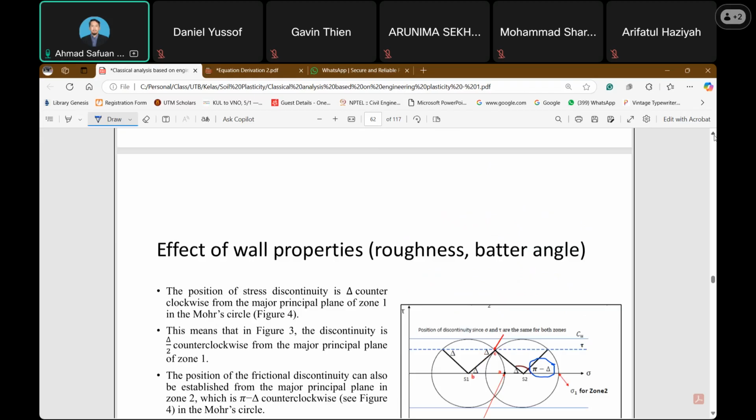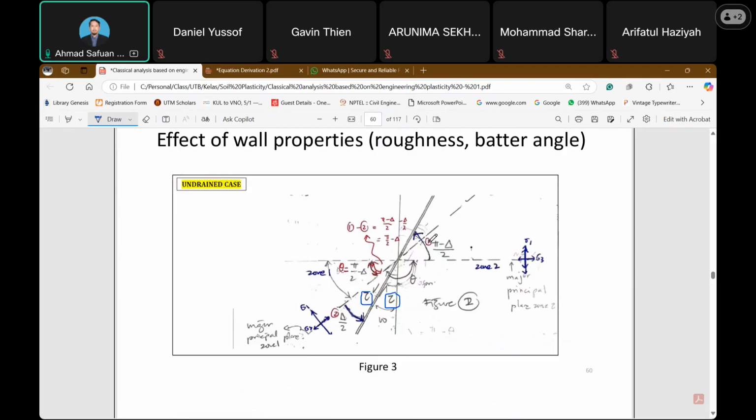From the 2, this angle is pi minus delta over 2. So we have pi over 2 and then pi minus delta over 2. What is delta here?